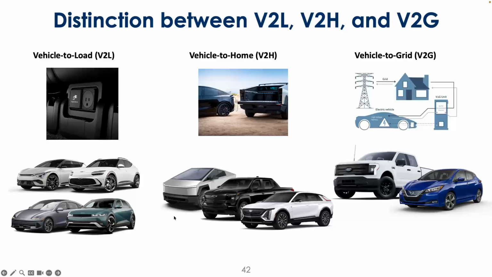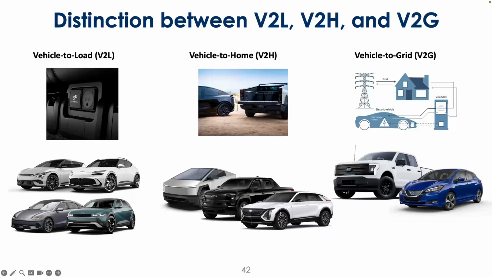Vehicle to home is where I can plug in the car and provide electricity into a smaller disconnected grid system. If you have the right hardware for this in your home, let's say there's a blackout and you had the right electric vehicle, you could just take your electric car and plug it into your home system, and you would locally have electricity up and running for your home when the rest of your neighborhood is blacked out.